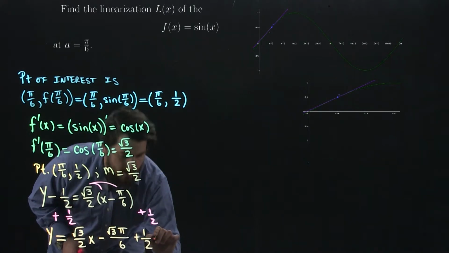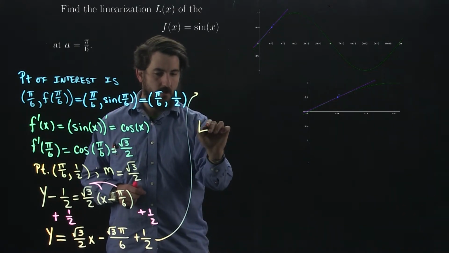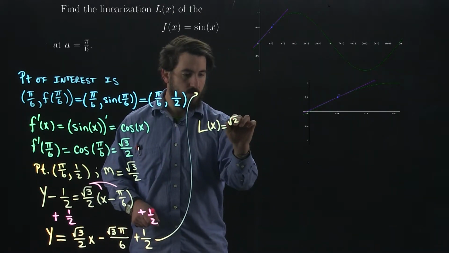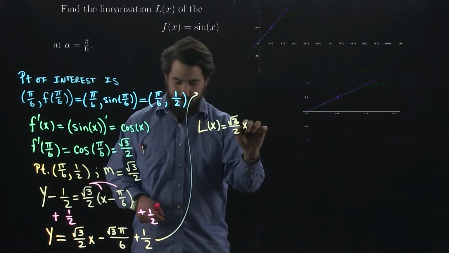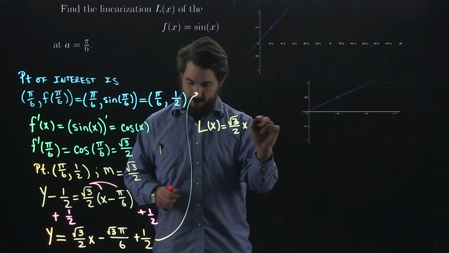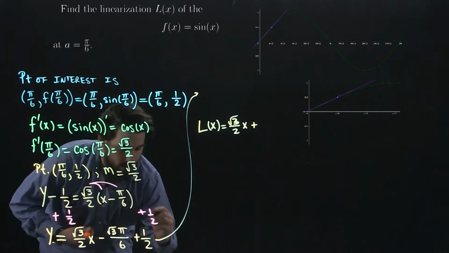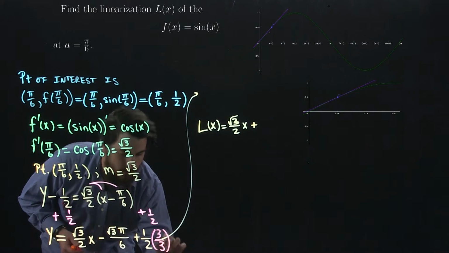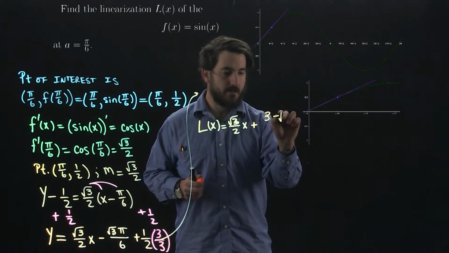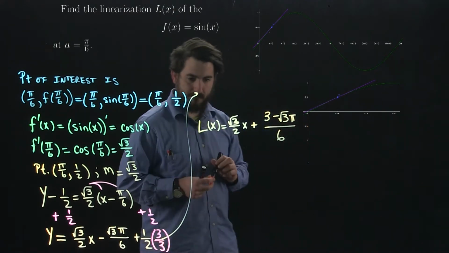And so finally, this gives me L of x equals root 3 over 2 x, and then combining the constants, I multiply the top and bottom of the 1/2 by 3, giving plus 3 minus the square root of 3 pi over 6.